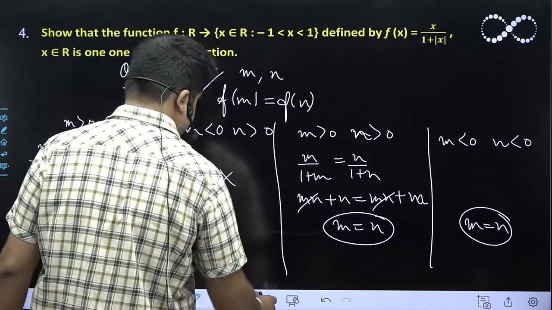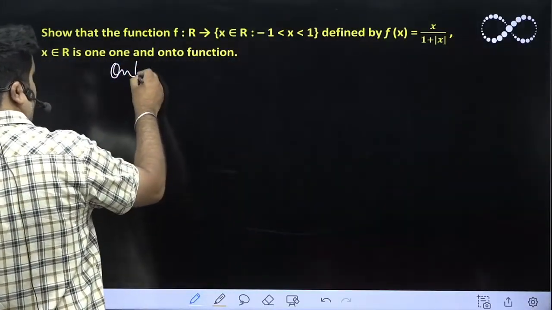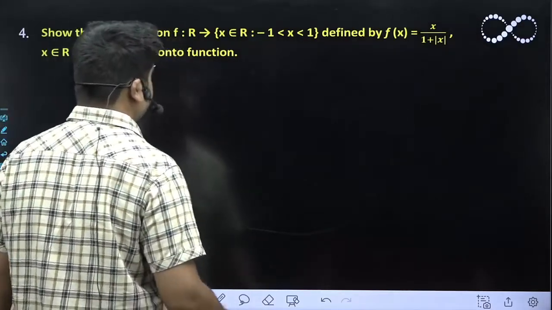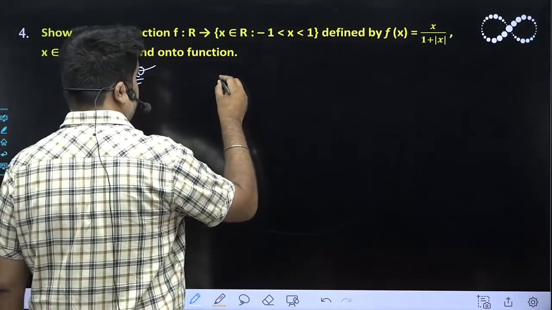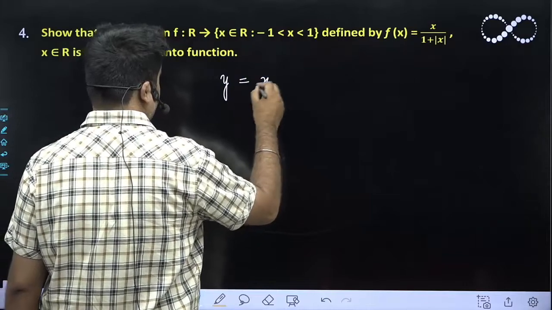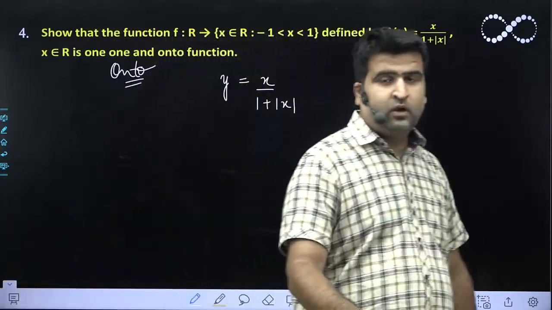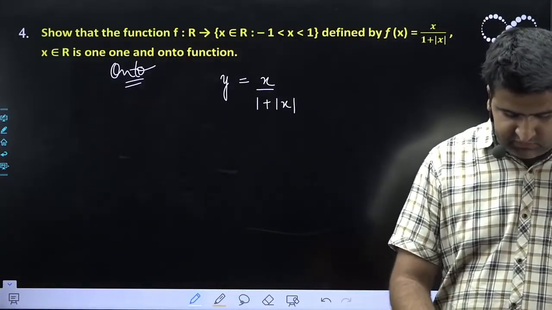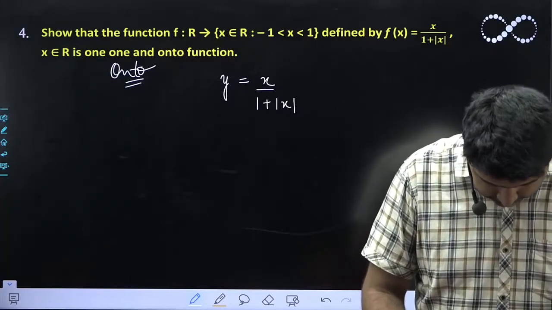So now let's check the condition for onto function. Now, what will be the inverse of this function? So this is actually y is equal to x upon 1 plus mod x. So we have to actually check the inverse of this function. So there will be two cases in this as well.